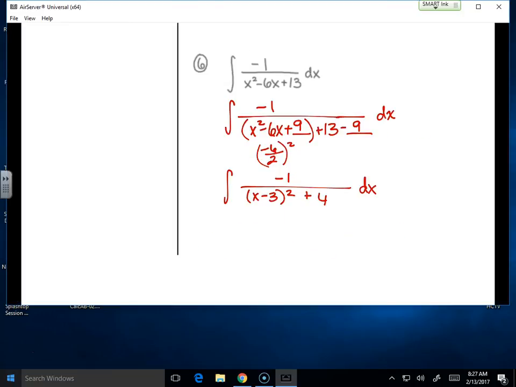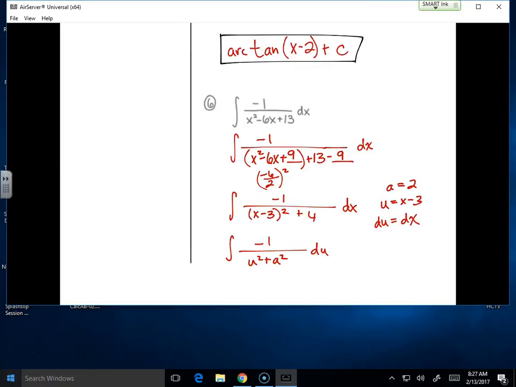Why did we do all the complete the square craziness? Because now, who's our a? Not 2. Who's our u? We just need to get it to arctangent form. So we can go ahead and make it -1 over u squared plus a squared du.